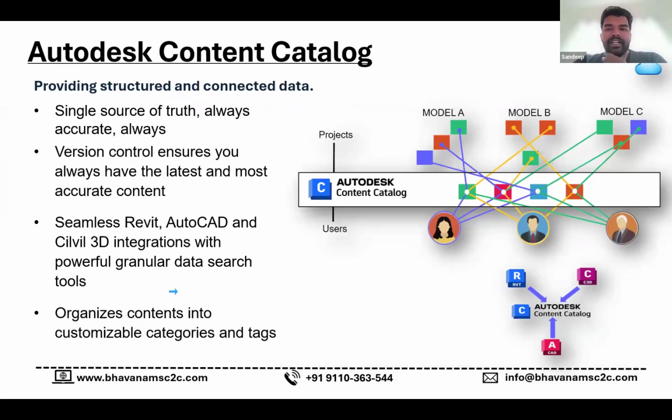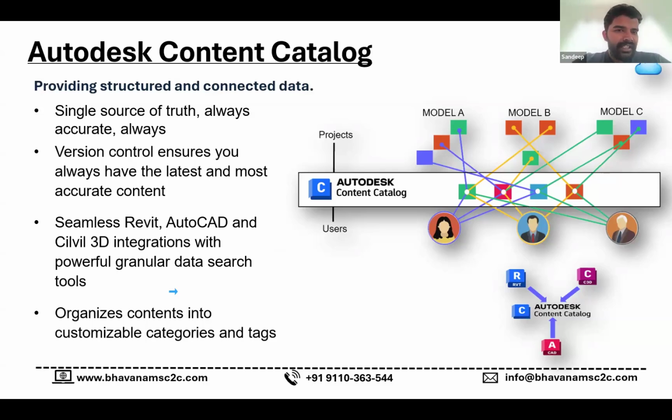So the next one here is the content catalog. Generally, this content catalog ensures that everyone in the project uses standardized data. That means, let's say I want to place a column of a specific size, a door of a specific size, a window of a specific size, a duct of a specific quality and specific thickness, right? So it has a variety of sizes. You can have this content catalog country-wise.